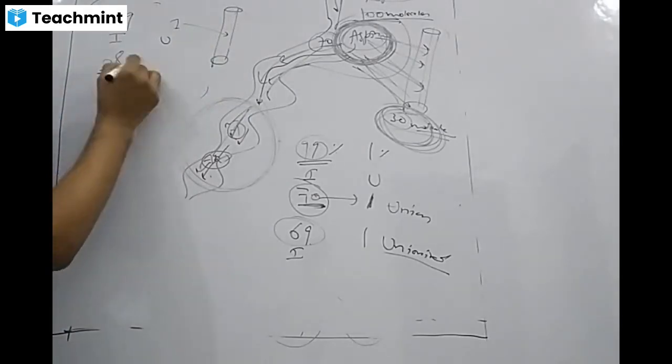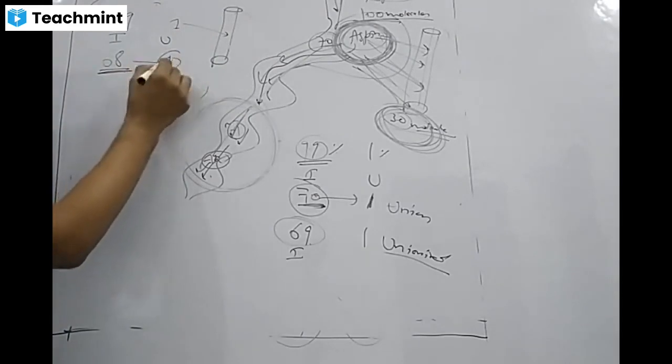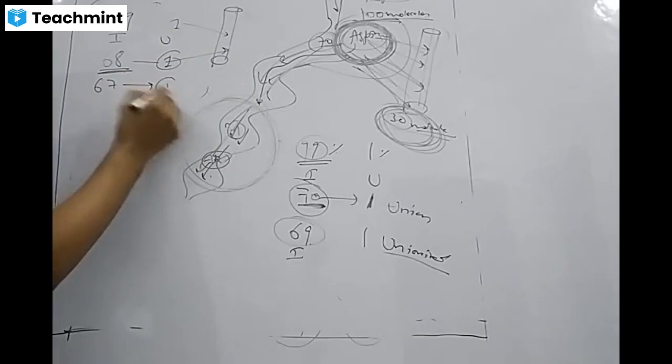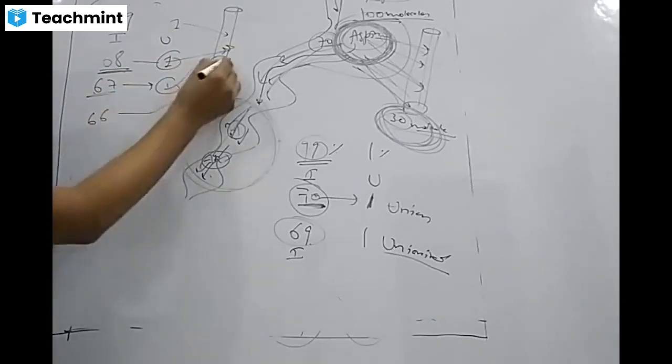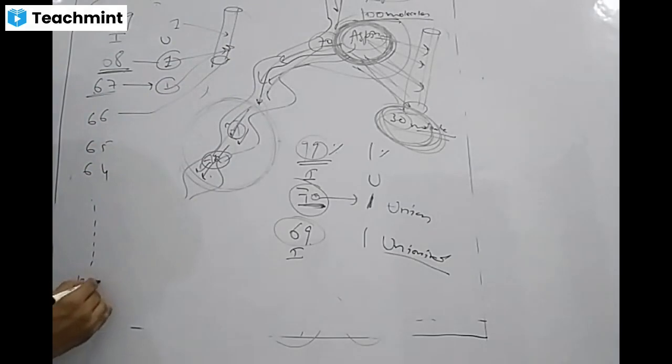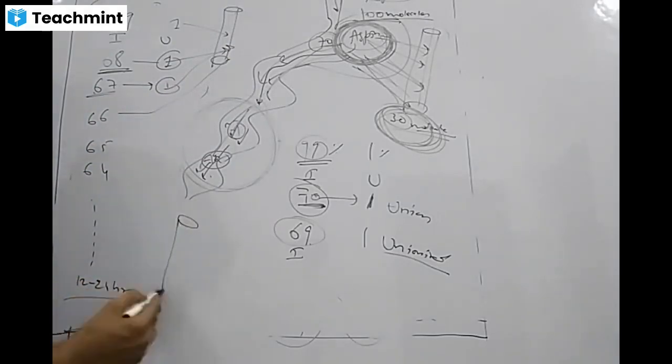Then again, from 68 one will enter, it will become 67. From 67 one will enter, then it becomes 66, then 65, 64, like this, and at the end of 12 to 24 hours, all the molecules will be absorbed into the circulation.